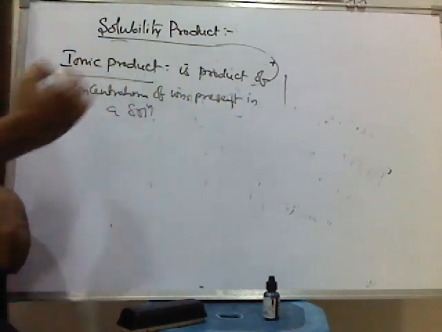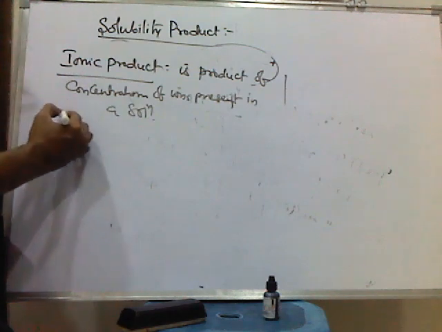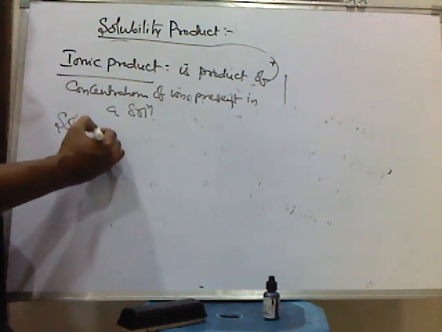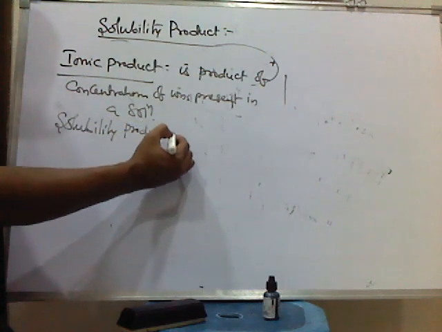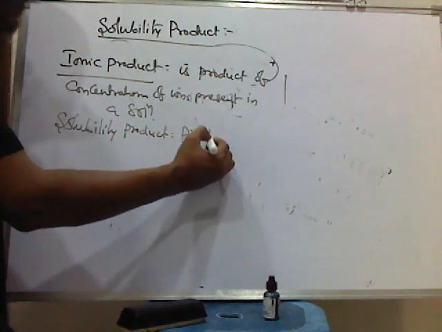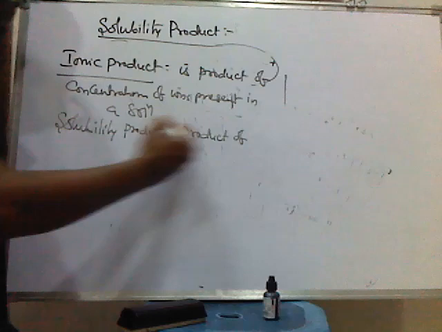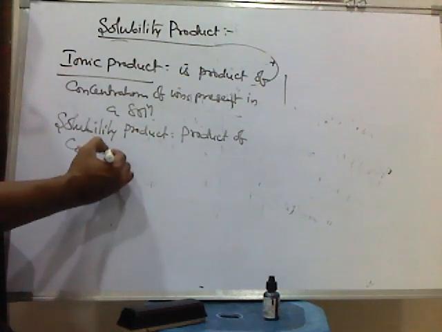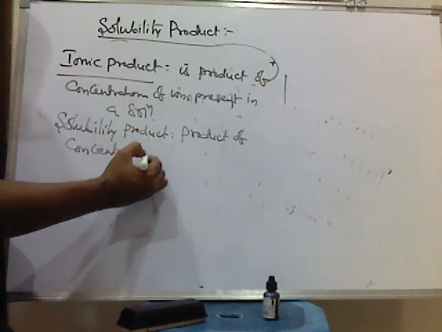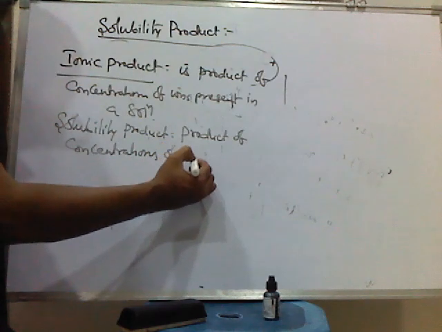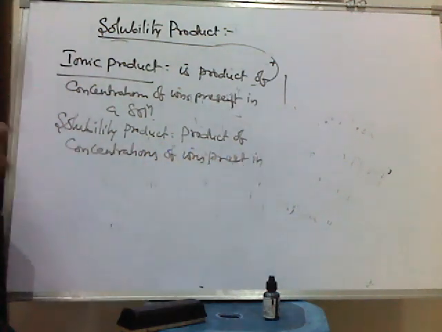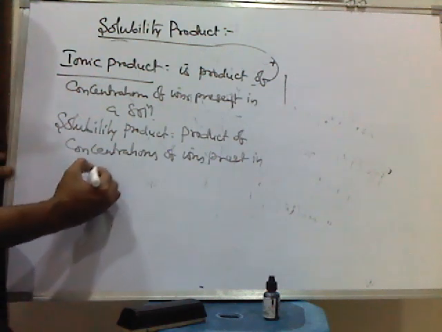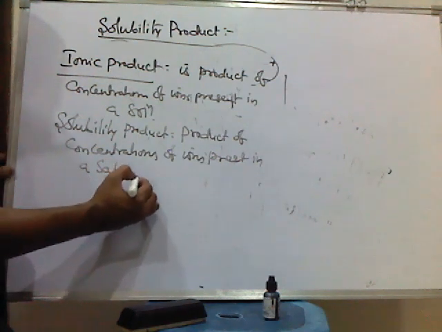Whereas the solubility product is the product of concentrations of ions present in a saturated solution.